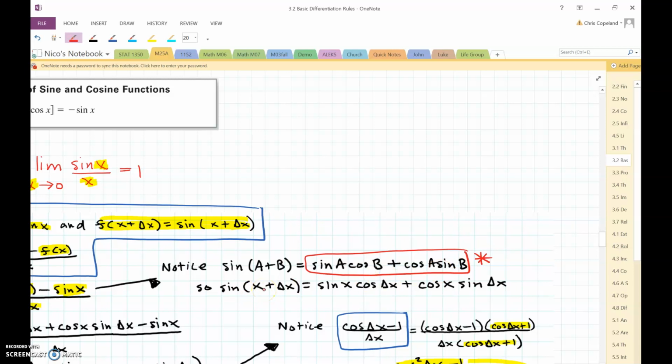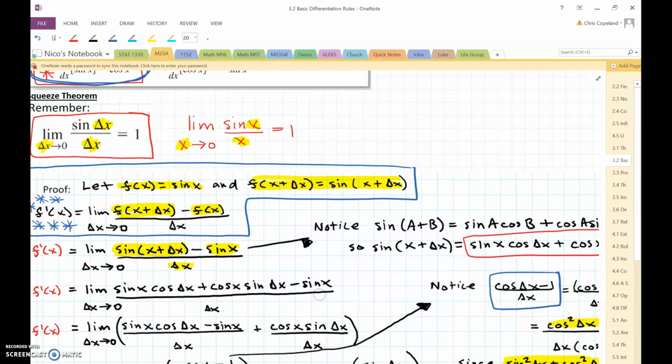You could think of this as sine of x plus delta x, where x is the same thing as a, and delta x is the same thing as b. So then we have sine of x cosine of delta x plus cosine of x sine of delta x.